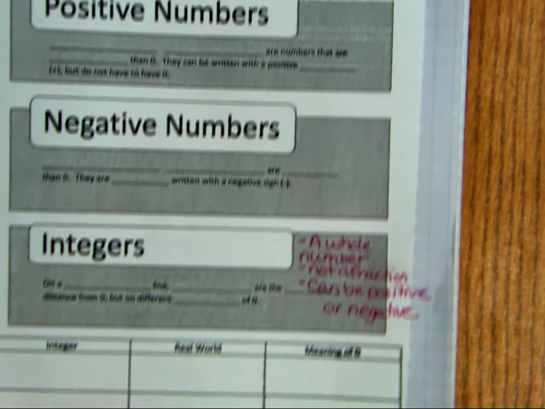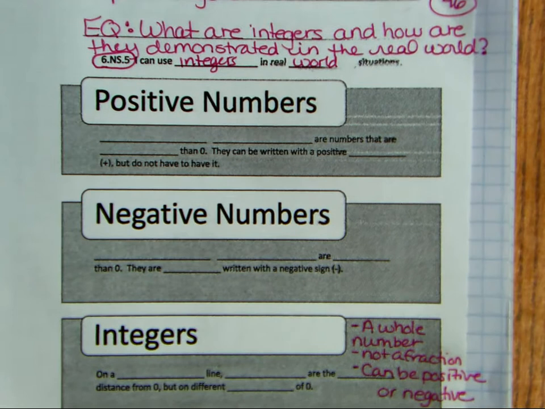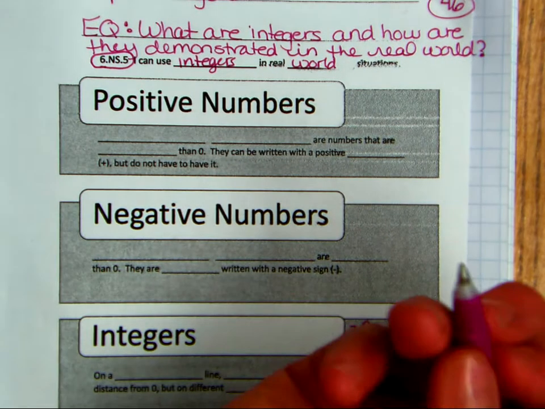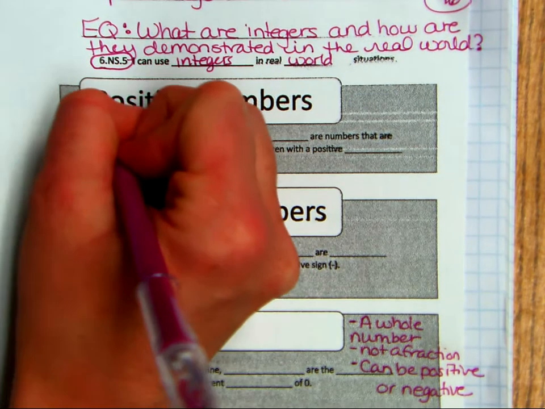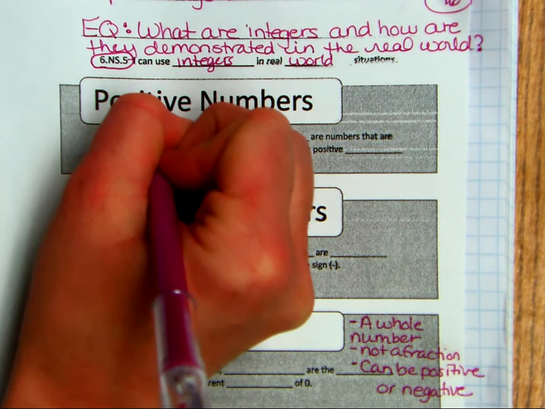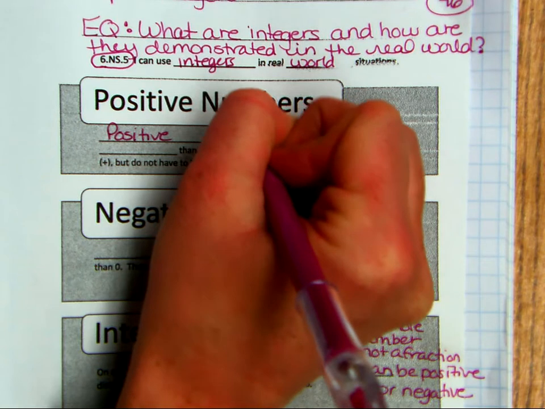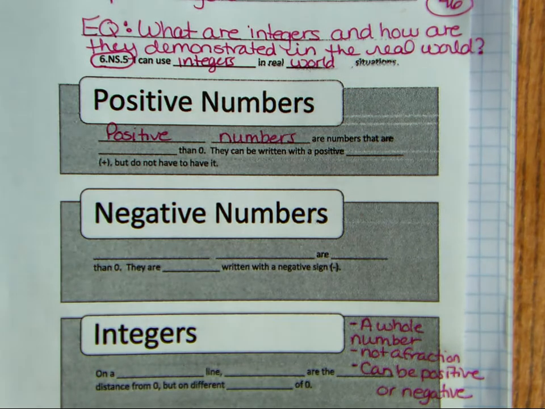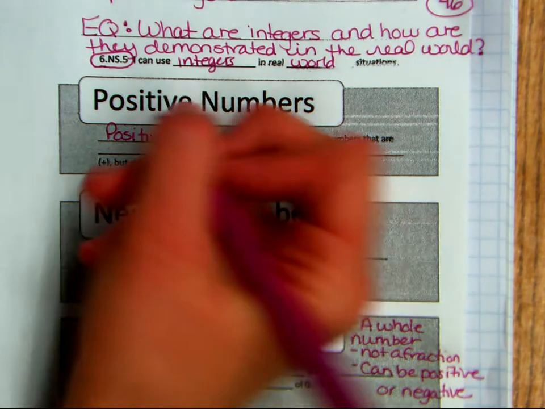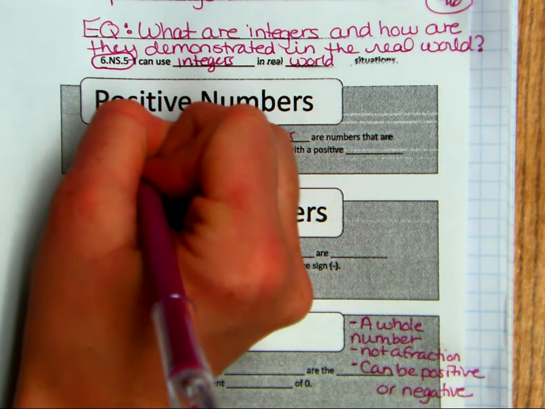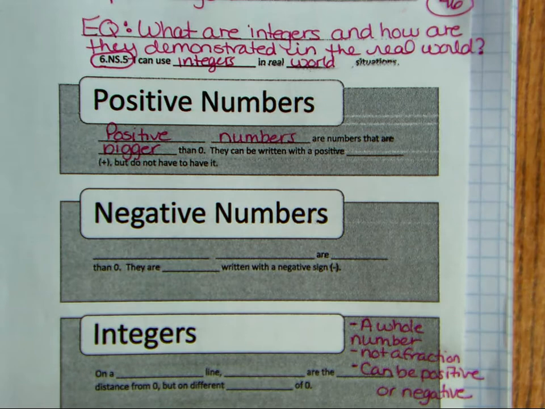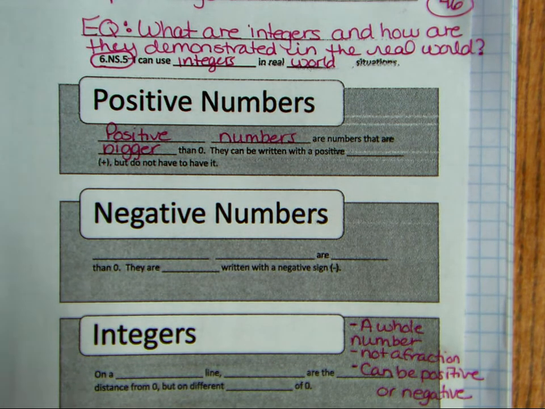So let's go back up here to positive. Positive numbers are numbers that are bigger than 0. So what numbers are bigger than 0 that are whole numbers? 1, 2, 3, like I said earlier, 78, 328, all of those are bigger than 0, and they're all positive.